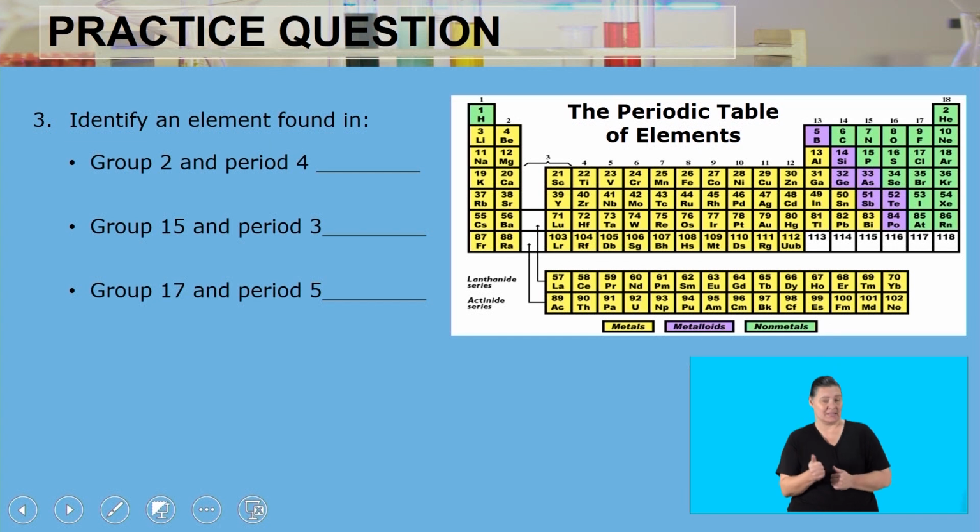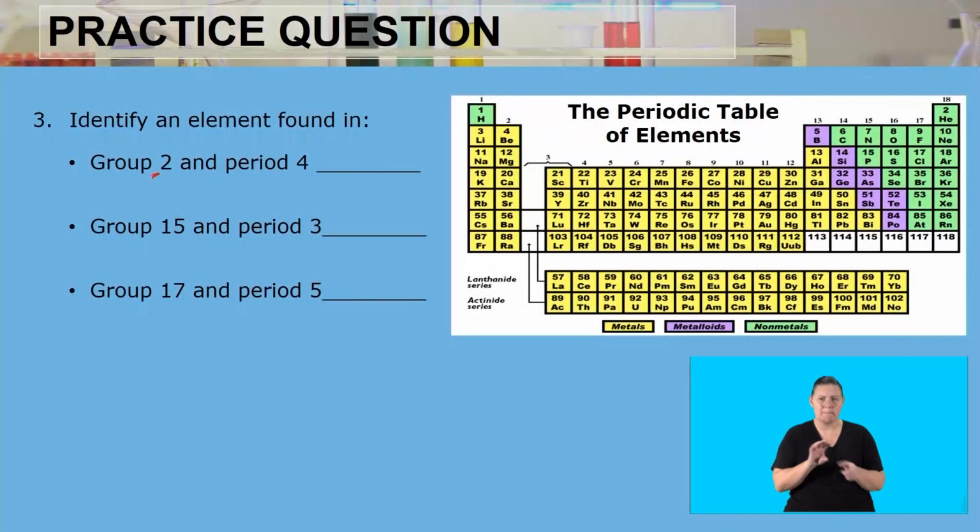So the next one now wants us to be very, very attentive and look at the periodic table very carefully. So number 3 says identify an element found in group 2 and period 4. Groups, periods. Groups, vertical; periods, horizontal, from left to right. So now group 2, let's look at where we find group 2. So we have group 1 and we have group 2.